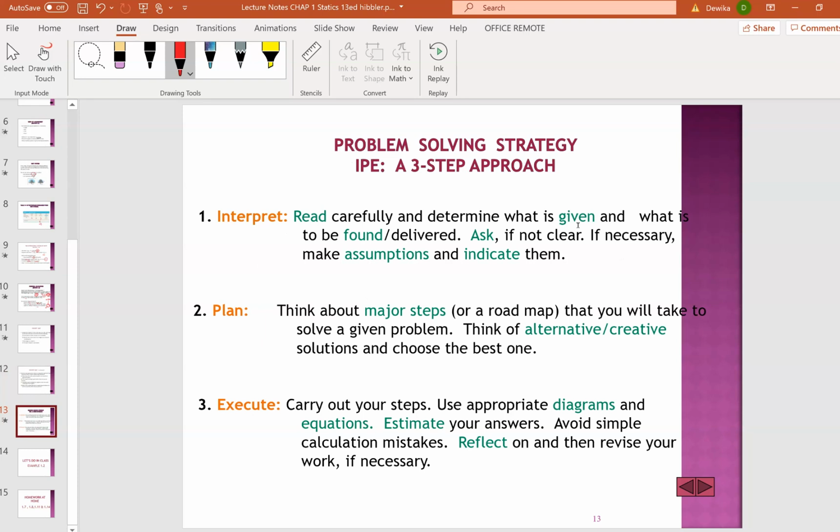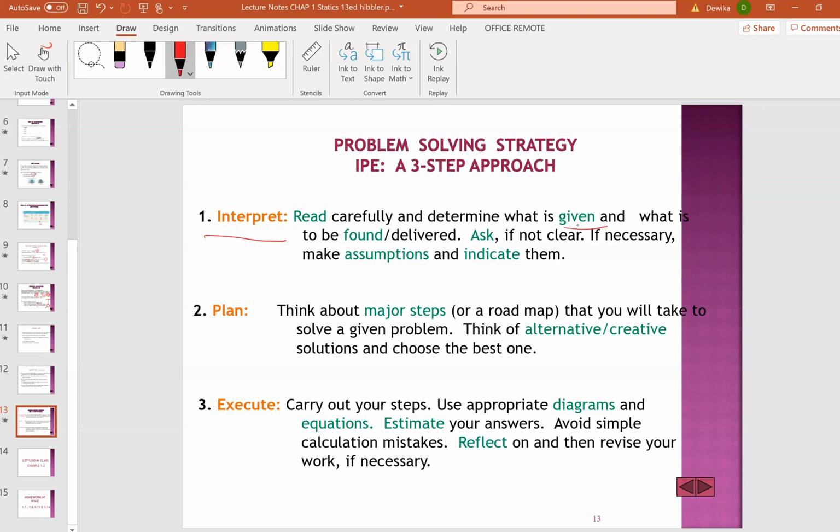Now we're going to move on to chapter 1.5, which is the general procedure for analysis. What are the steps involved in solving a question? When you're given a question, what do you do? The first step is you interpret. You read carefully and determine what is given.